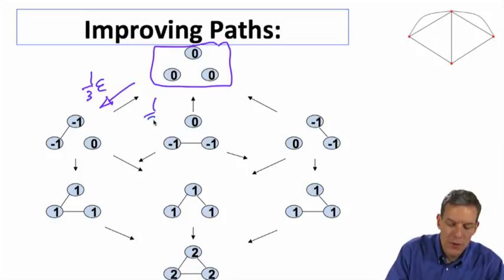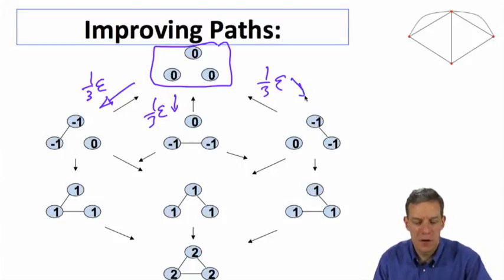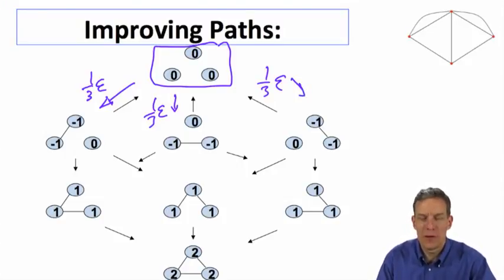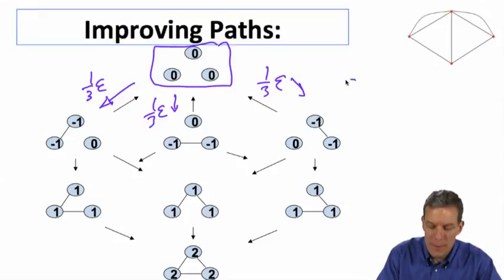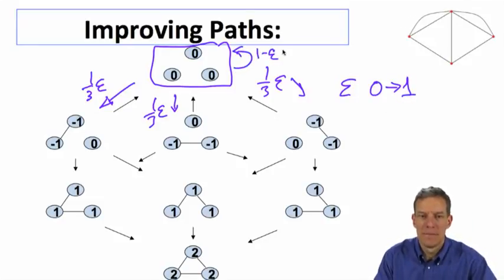There's a probability 1/3 epsilon that you would move here, and a probability 1/3 epsilon that you would move in this direction. So from a network with 0 links, there's a probability of epsilon that you go from 0 links to 1 link. And there's a probability 1 minus epsilon that you just stay there.